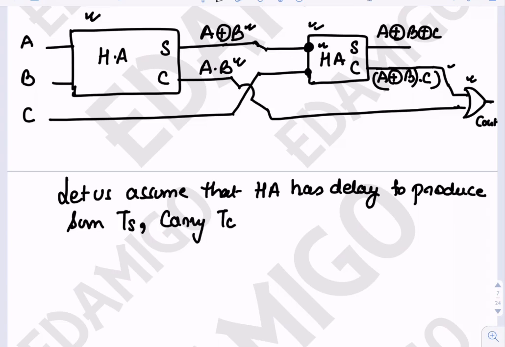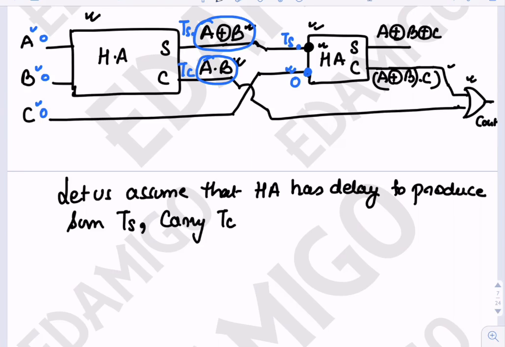Let us assume that at t equals 0 we applied the inputs A, B and C. After TS seconds we will get this output here. After TC seconds we will get this output here. Now if you look at the second half adder, this input is available at t equals 0 time instant and this input is available at TS time instant.